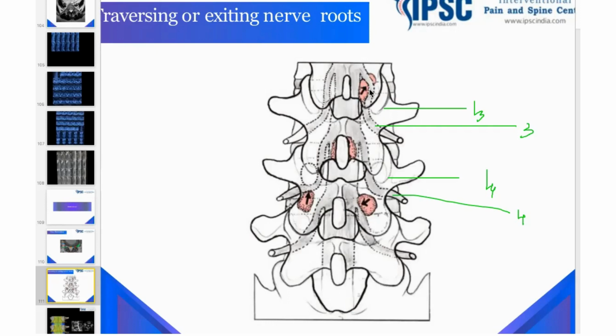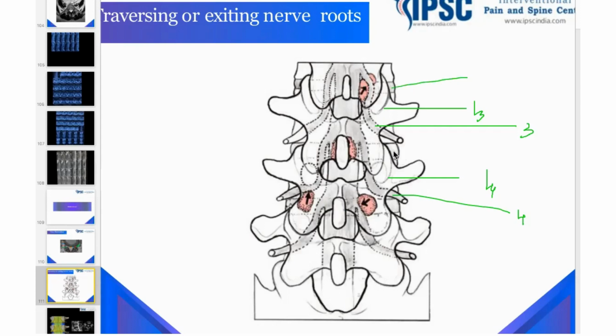Paracentral herniation. Paracentral herniation is compressing which root? Traversing or exiting? It's the L2 disc, so it's traversing. Very good. Excellent.